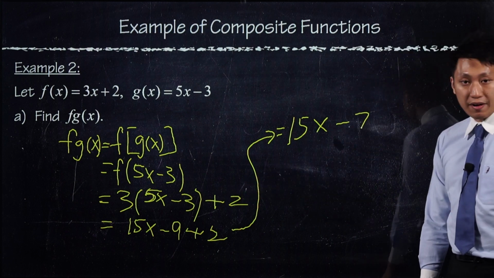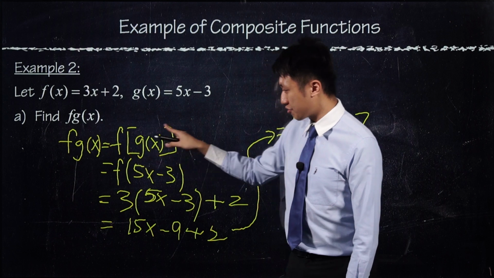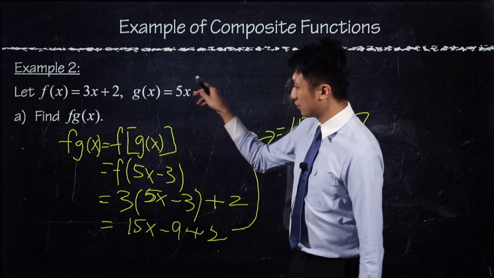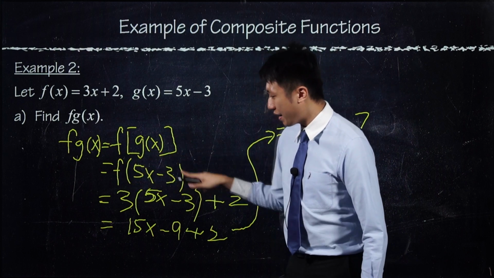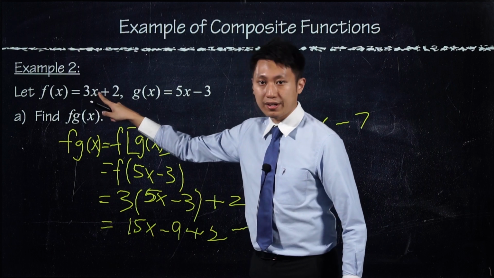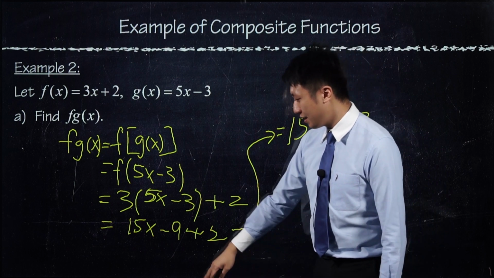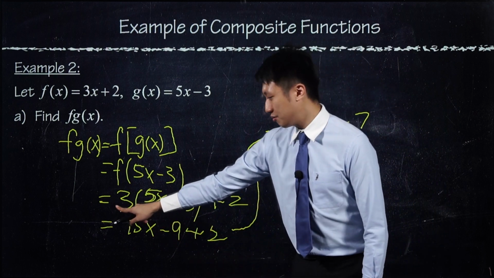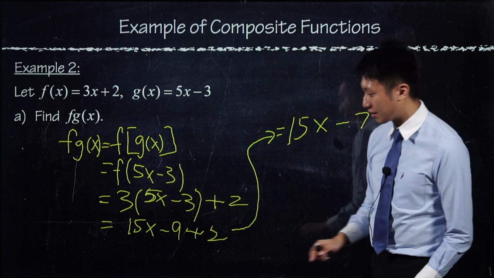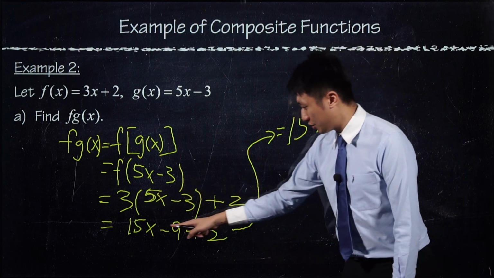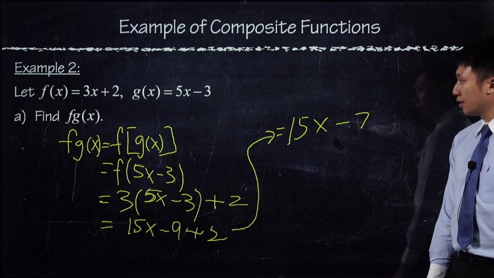So what you do is write the original question, then write the square bracket gx, meaning you take this whole gx and put it in first. Then you apply f on 5x minus 3, putting 5x minus 3 here. So 3 multiplied by 5x minus 3, you have 15x minus 9. If there is a negative sign here, remember to multiply here and also here. So brackets are always very important. In this case you won't feel it. So minus 9 and plus 2, the eventual answer is 15x minus 7. Okay, next.